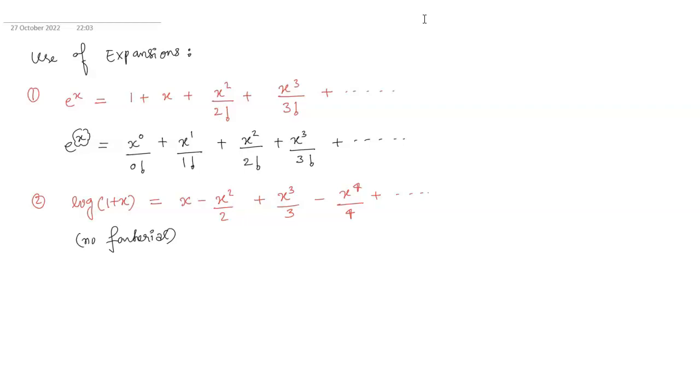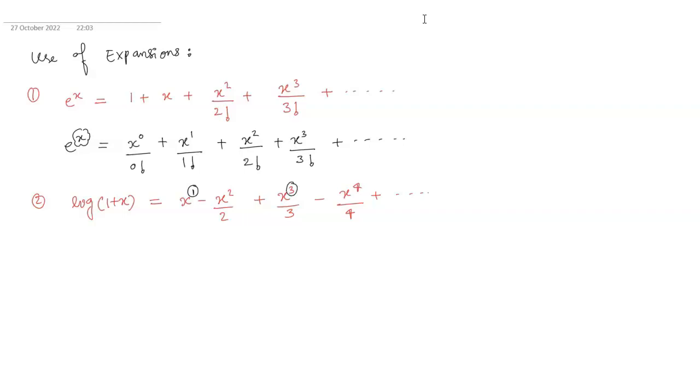So in the e to the power x expansion we can see there are factorials in the denominator, whereas in the log expansion there are no factorials. That is the first thing you have to notice. The second thing is, here you can observe whenever there is a power odd, suppose this is x, so I can write this as x to the power 1 only.